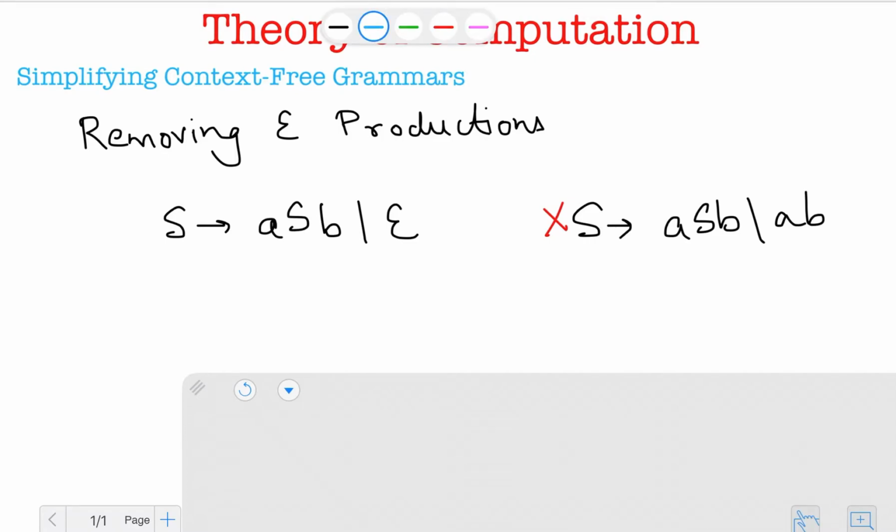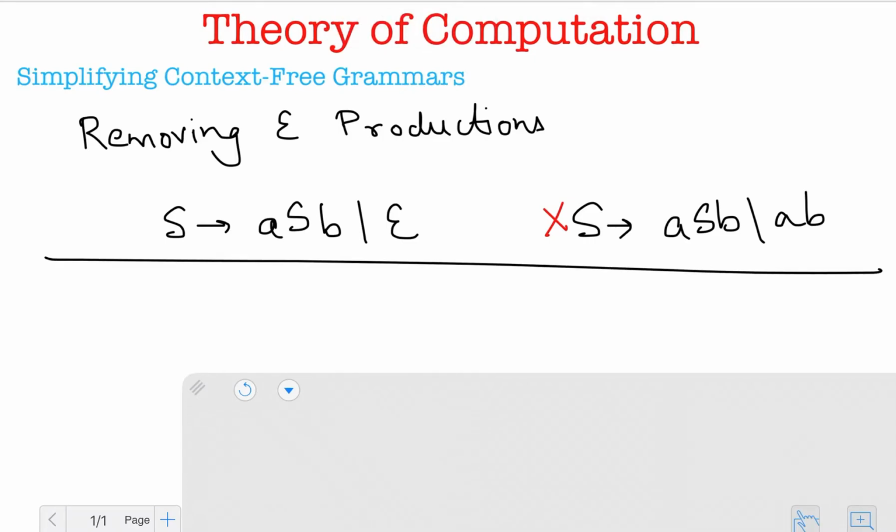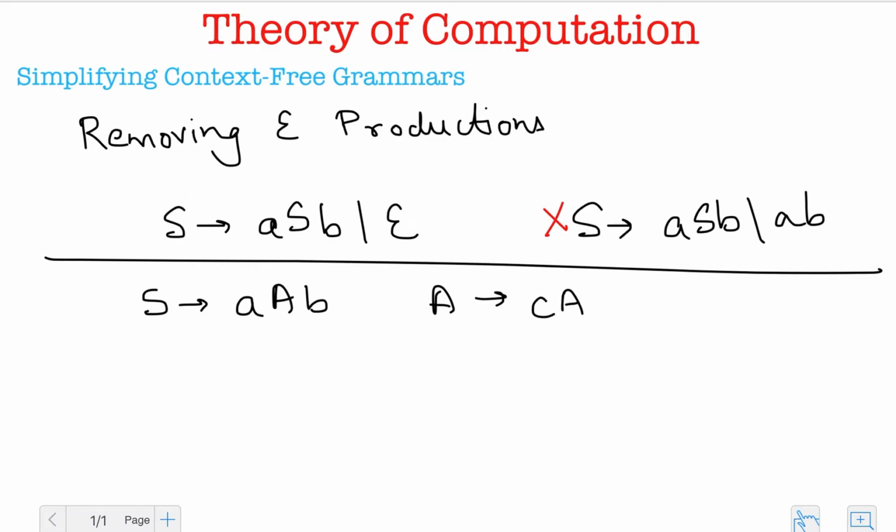So let's take an example where epsilon isn't actually part of the language. So what I have is S goes to AAB and A goes to CA or epsilon. So in this case, as you can see, I have an epsilon production in A and I want to get rid of it.